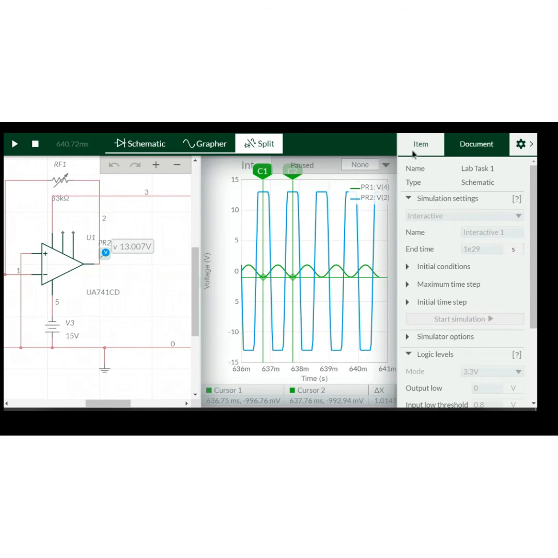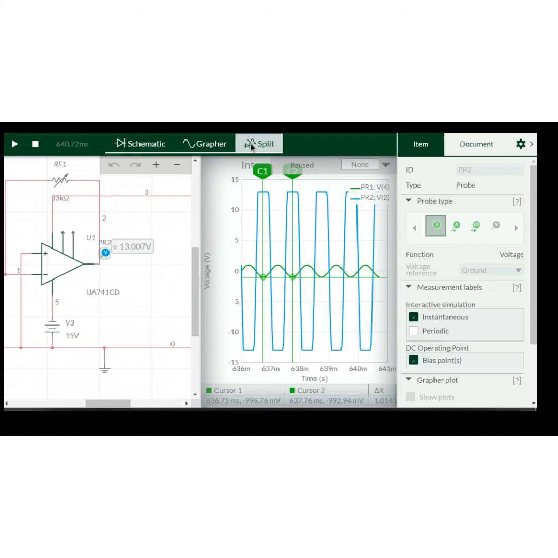Then change the C1 C2 to get one blue line and one green line.